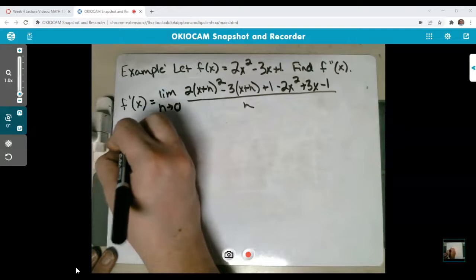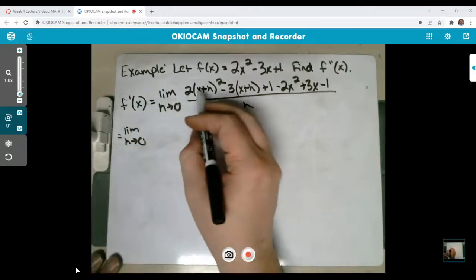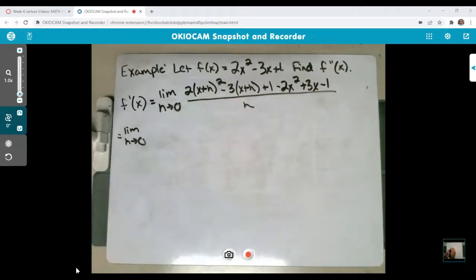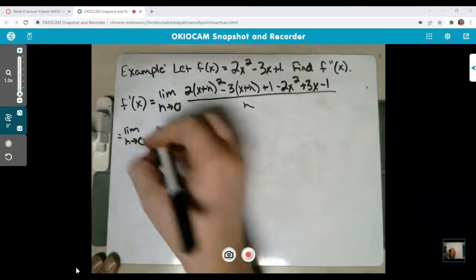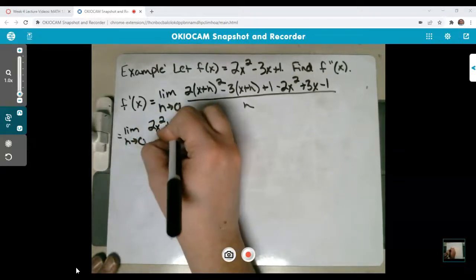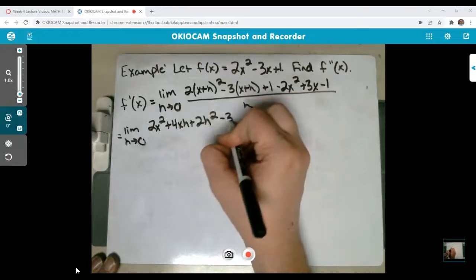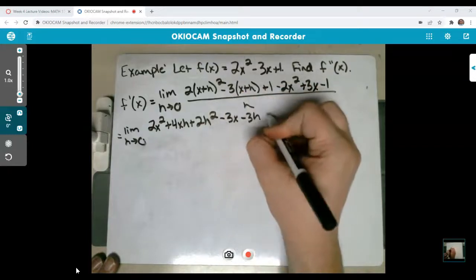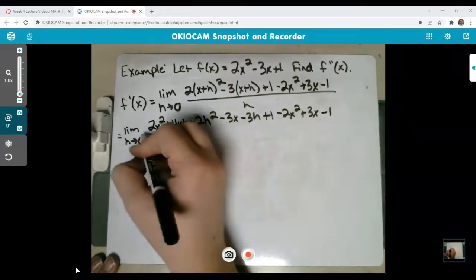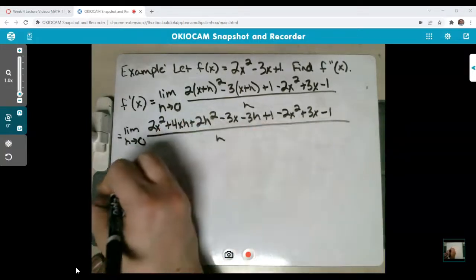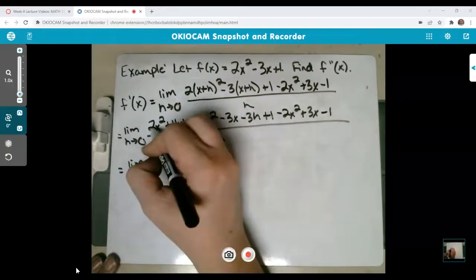Let's simplify this as best as we can. That's the limit as h goes to 0 of x plus h squared. We already know is x squared plus 2xh plus h squared, but I'm multiplying that by 2. So that becomes 2x squared plus 4xh plus 2h squared minus 3x minus 3h plus 1. And then I still have minus 2x squared plus 3x minus 1 all over h. Let's see what can happen here. 2x squared minus 2x squared, those cancel out.